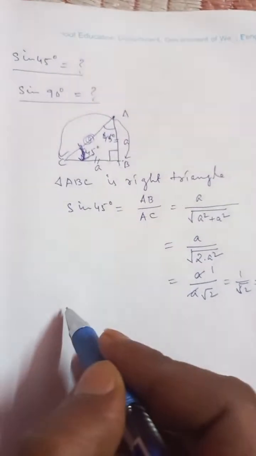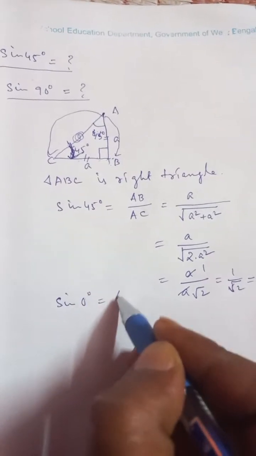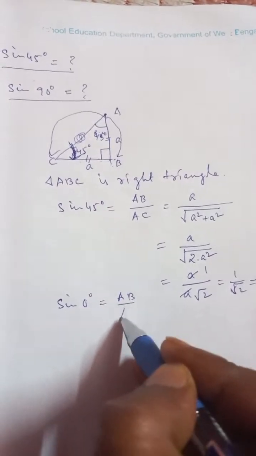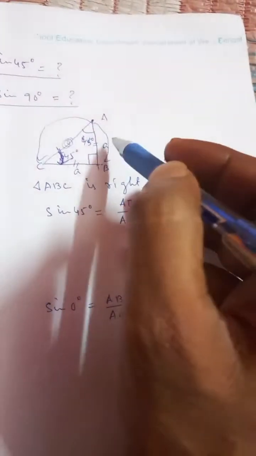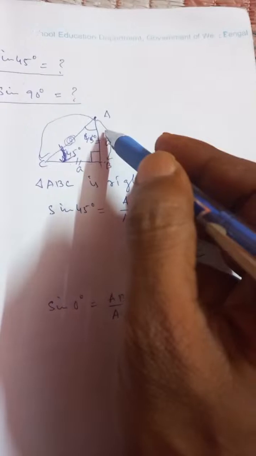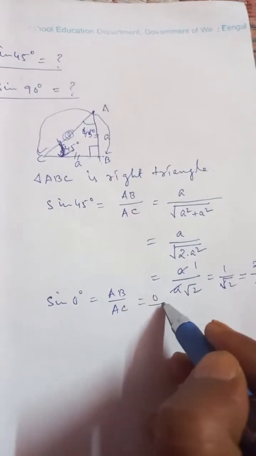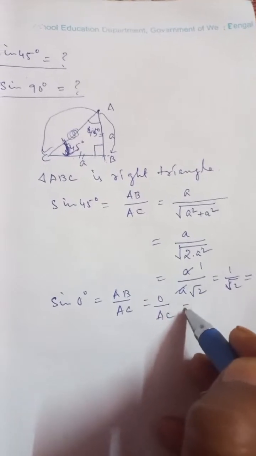So sin 0 degree will be AB by AC. As the angle becomes 0, the height becomes 0. So this will be 0 by AC, or 0.